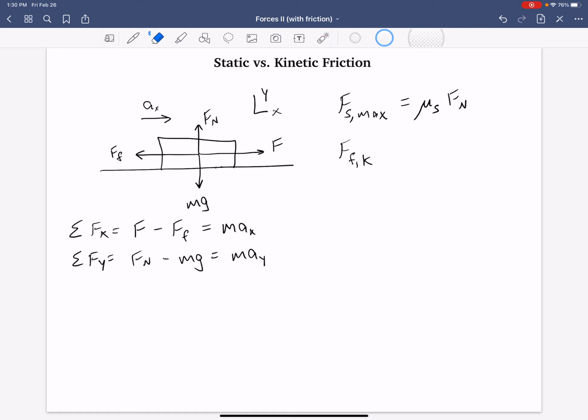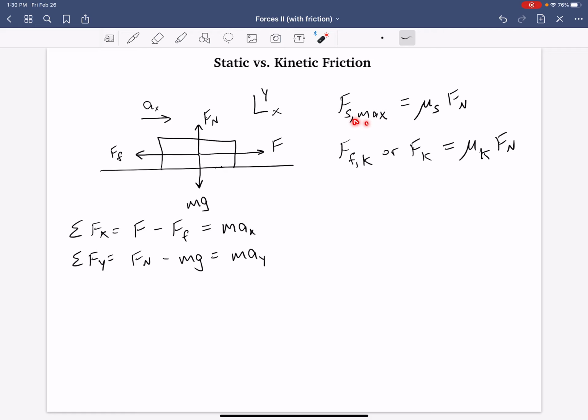So you can write it like I have there, or F with a subscript K. And that's equal to the coefficient of friction, mu sub K now, times the normal force. So it's the exact same form as the static, but it's now kinetic. This is the friction when the object is in motion.